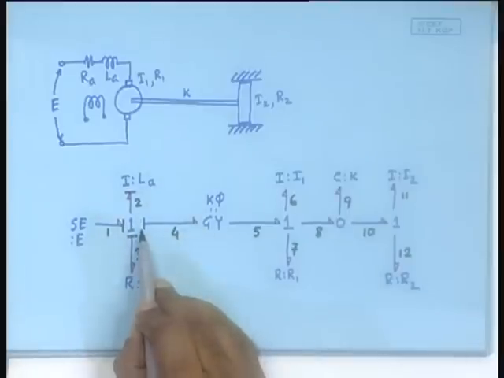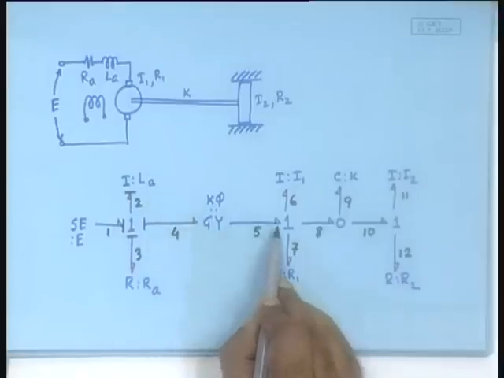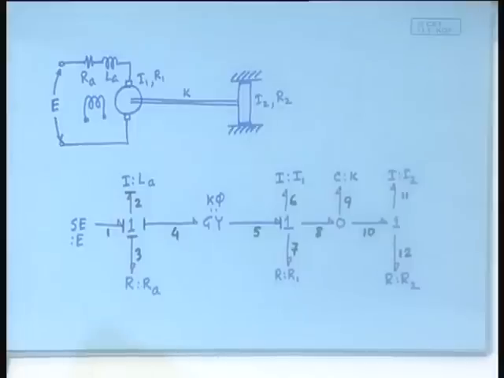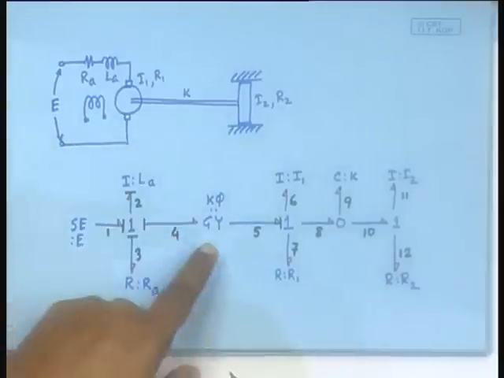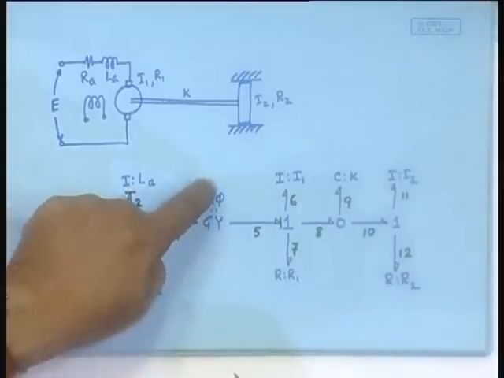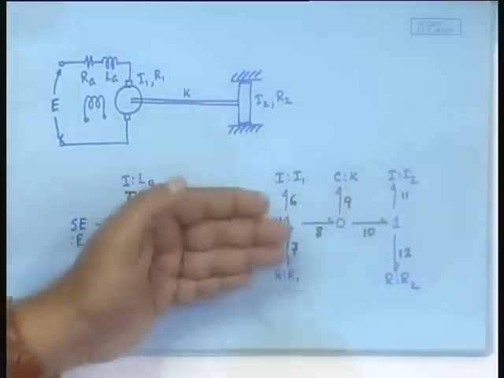The flow information is coming this way into the gyrator, and therefore, the effort information must go out, which means the stroke must be here. The flow is multiplied with K phi to give the effort information.